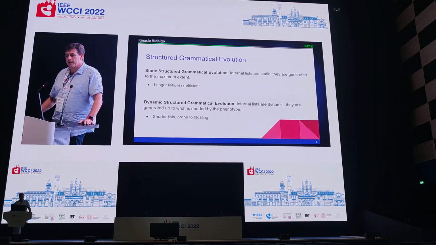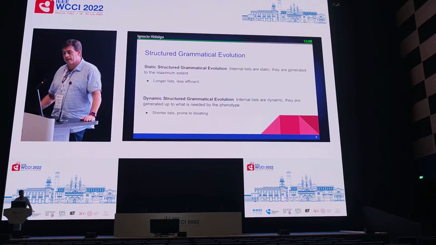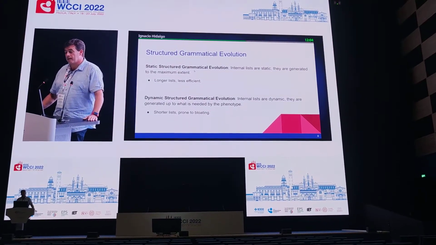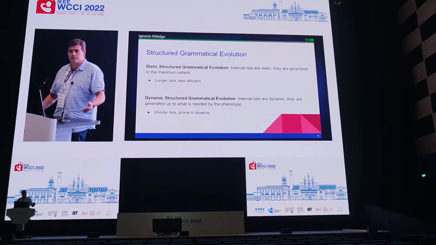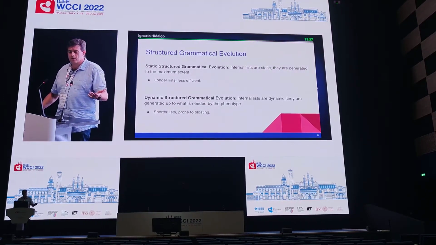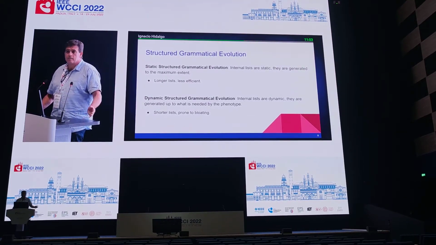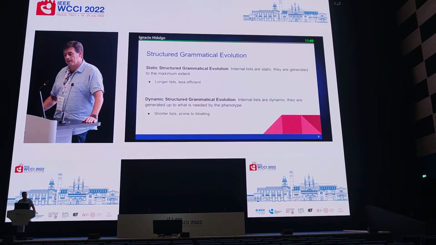There are 2 variants of structural grammatical evolution, the static and the dynamic. In the static, those lists that are used to control the crossover are static and are generated at the beginning of the evolutionary process, just analyzing the grammar. This can go for longer lists and being less efficient.